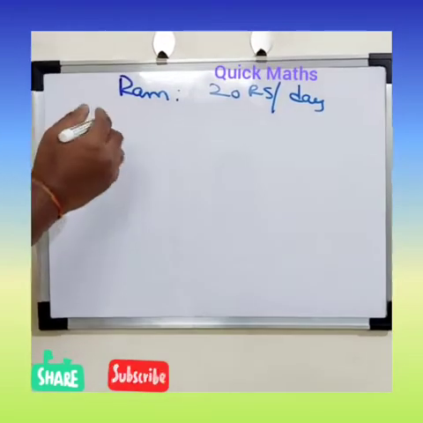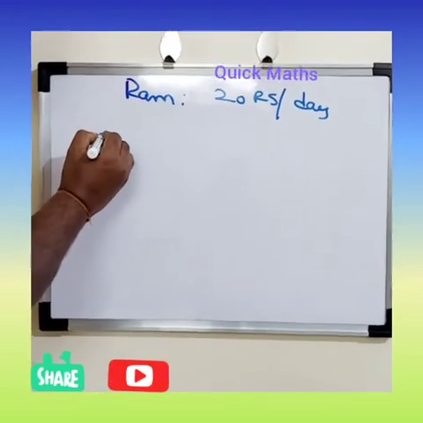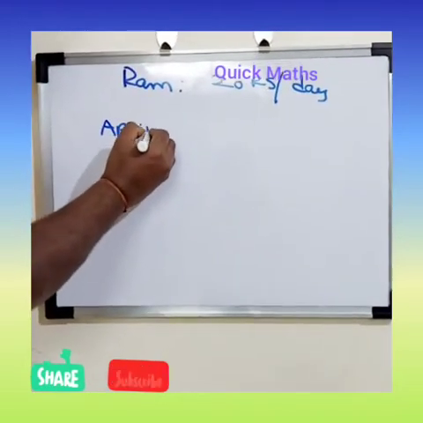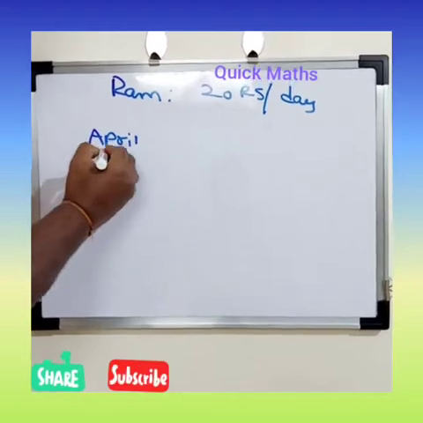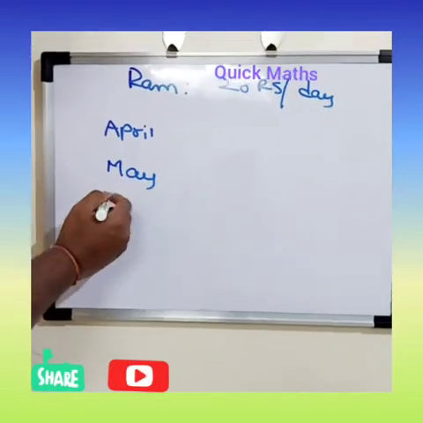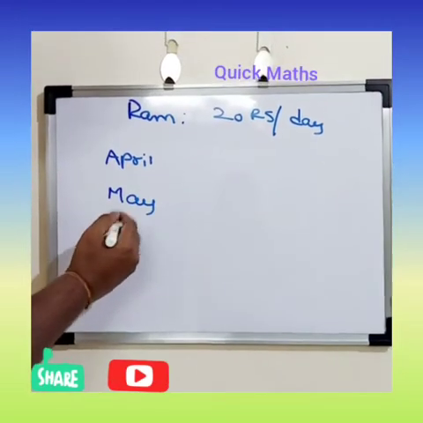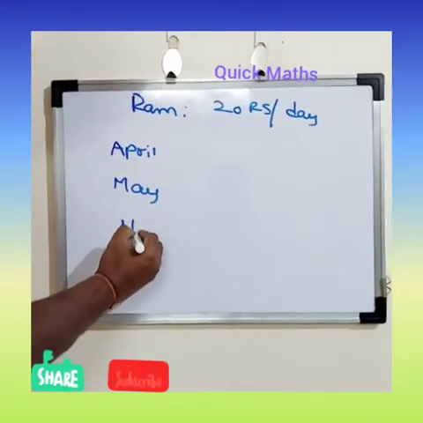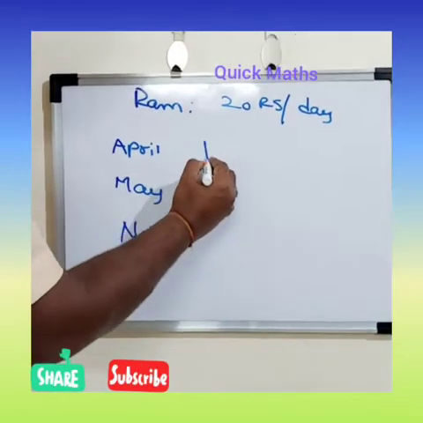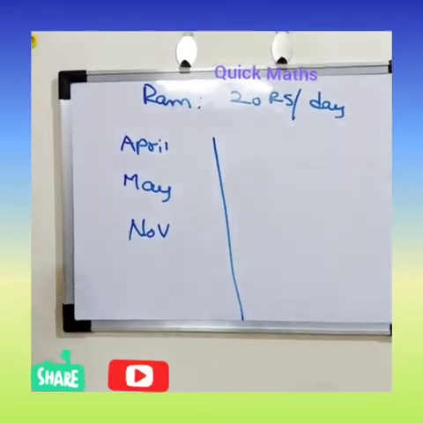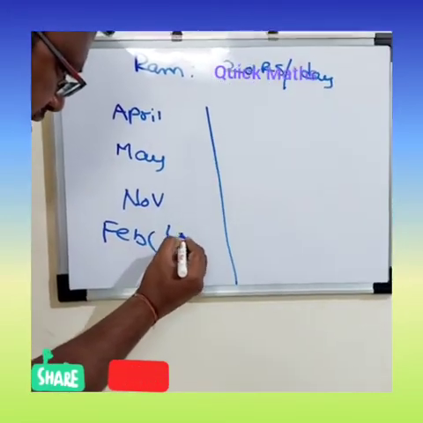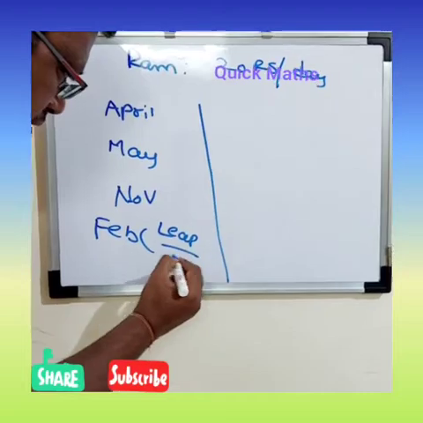The question is, how much amount will Ram earn in the month of April, in the month of May, in the month of November, and February for a leap year and non-leap year.